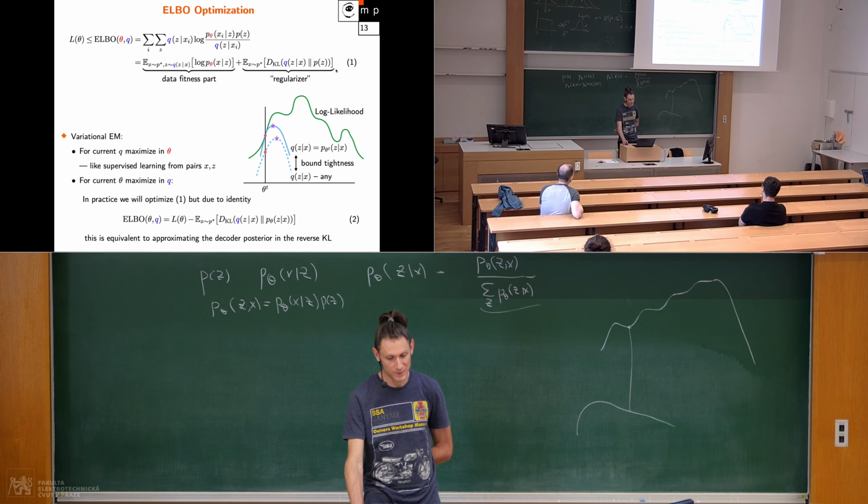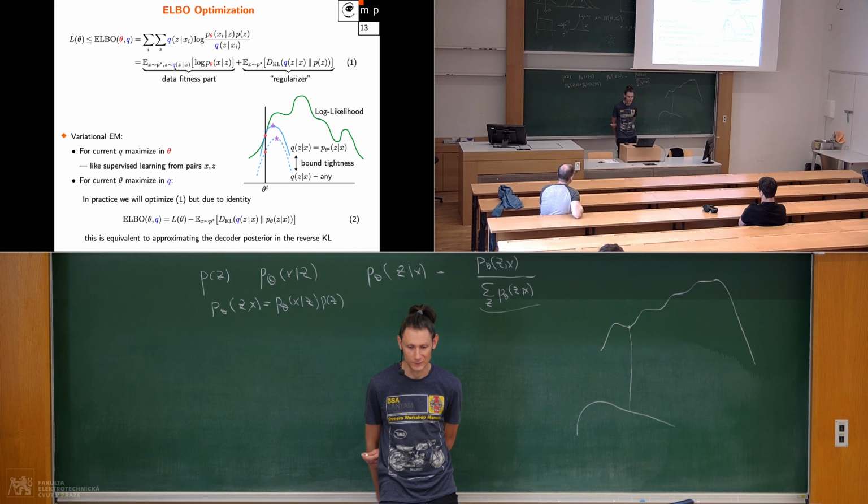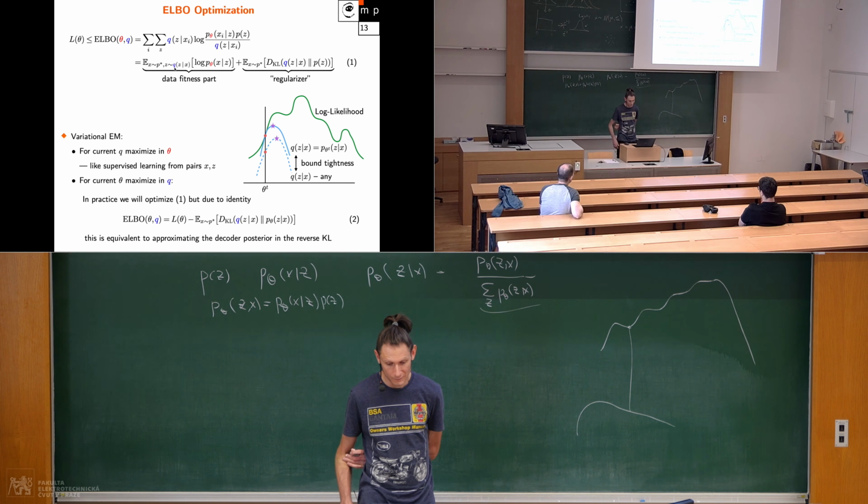This will be tractable for stochastic optimization. We will see. Sorry, not only this regularizer, but this whole thing together, because Q is also here. So it is important to optimize in Q all of that.